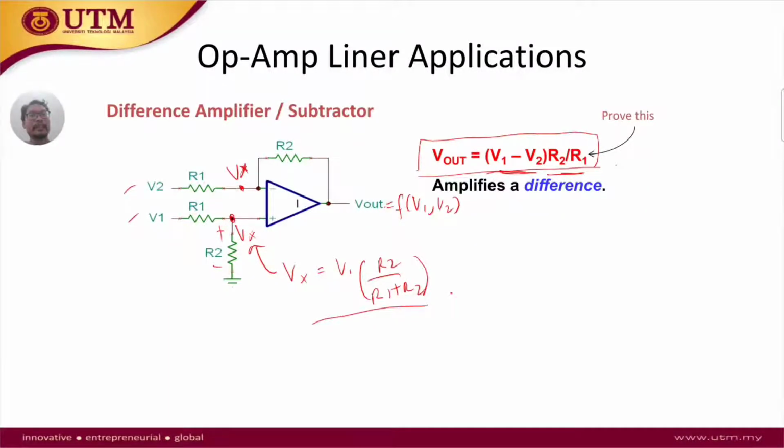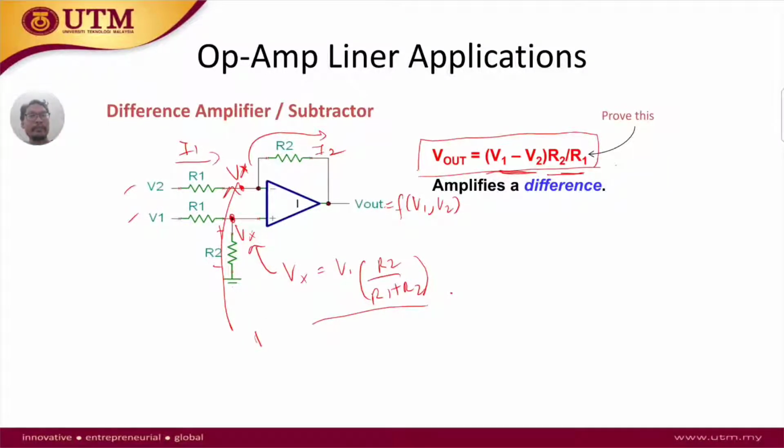And what about the second Vx here? For this one, the current I1 is going to be equal to the current I2 going like this, because no current flows into the op-amp.